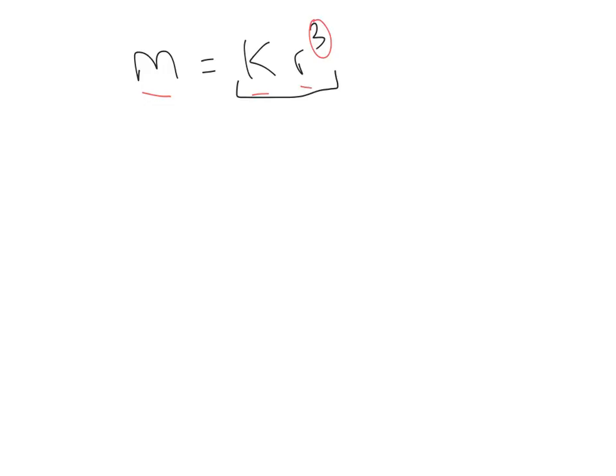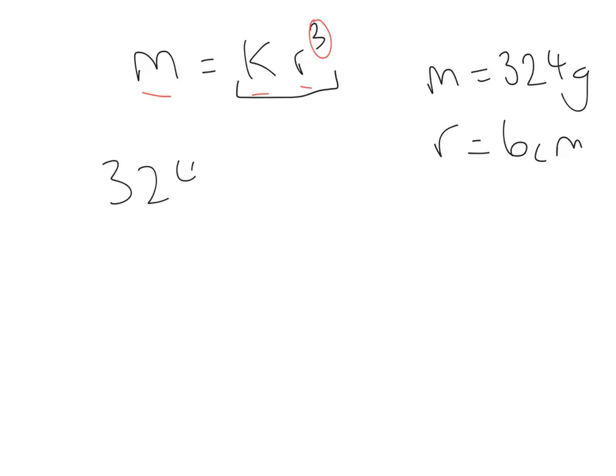So if they say, for instance, a ball has a mass of 324 grams and its radius is 6 centimetres, we can do a little bit more with this equation. If they tell us that the mass is 324, we can replace m with 324, and the radius is 6.